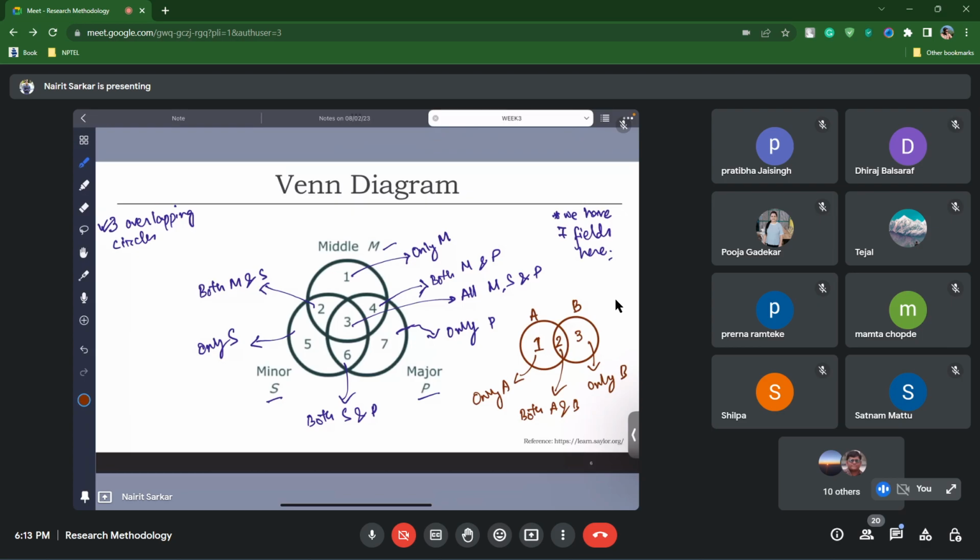Good. So if this is okay, the middle term, minor, major, three overlapping circles and the names of the fields, we'll wait 1 or 2 minutes for confusions and then move into the rules and examples.